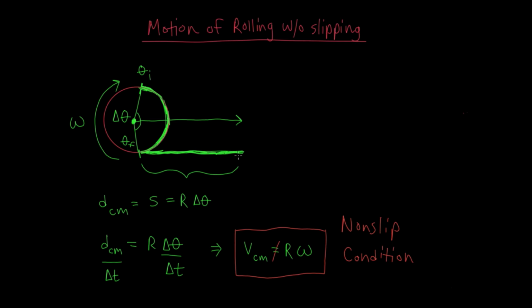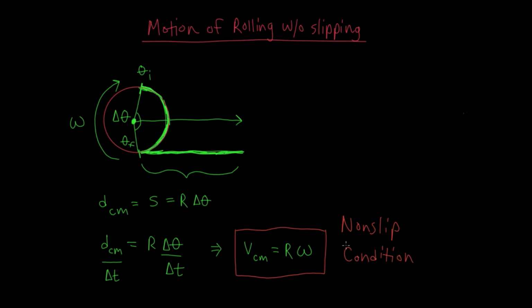So for an object that rolls without slipping, the velocity of the center of mass has to equal the radius of the object times the angular velocity. So this condition has to be satisfied in order for an object to roll without slipping.